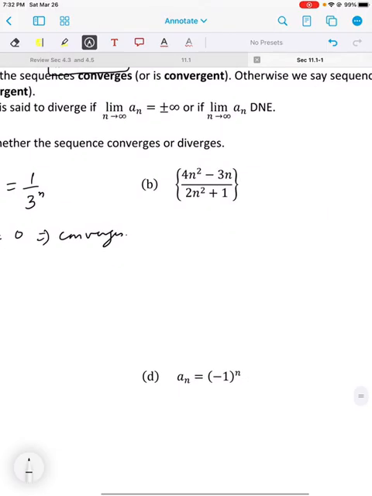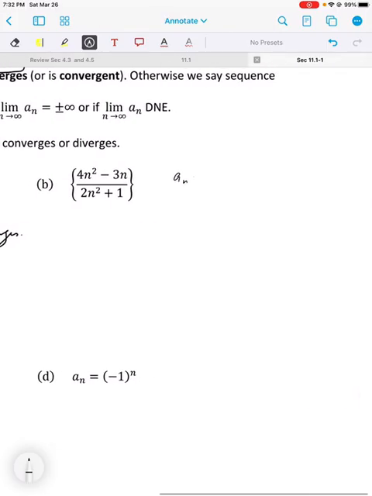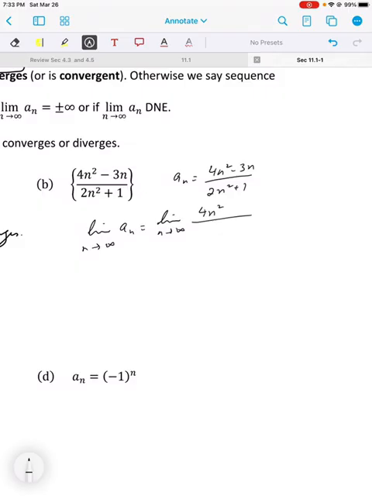Okay. So part B, a sub n is 4n squared minus 3n over 2n squared plus 1. So what we need to do is find the limit as n goes to infinity of a sub n, which means the limit as n goes to infinity of 4n squared minus 3n over 2n squared plus 1.